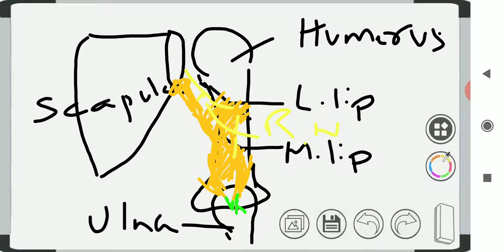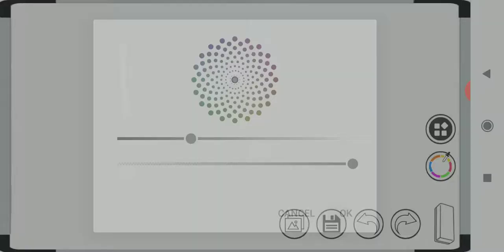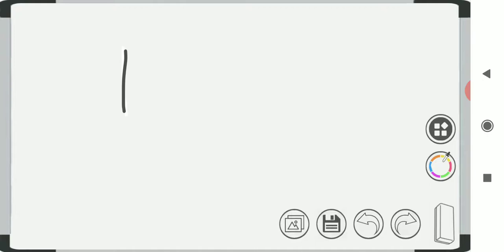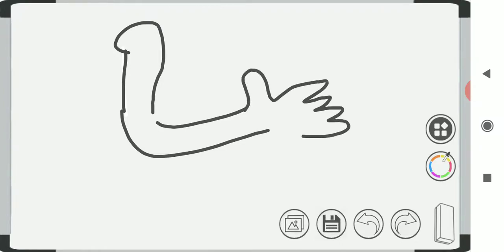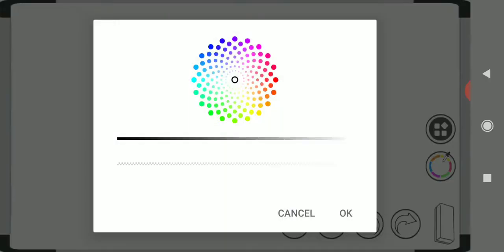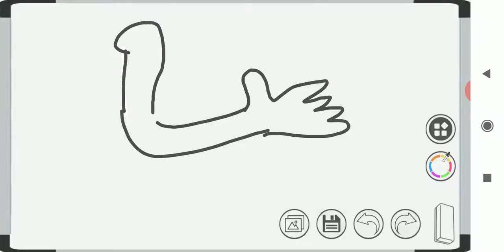Action of this muscle: it crosses behind the joint. The joint name is elbow joint. So if this muscle contracts, what can happen to the elbow? Just think, this is your shoulder, this is your arm, this is your forearm, and this is your hand. Just think that this muscle is behind your elbow.